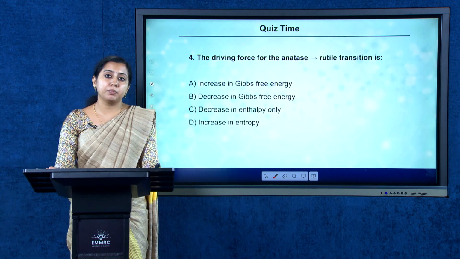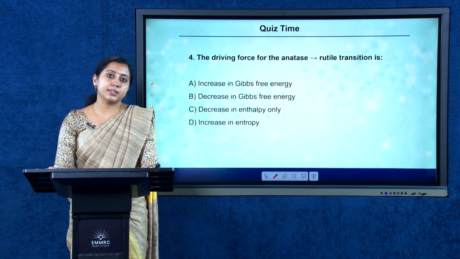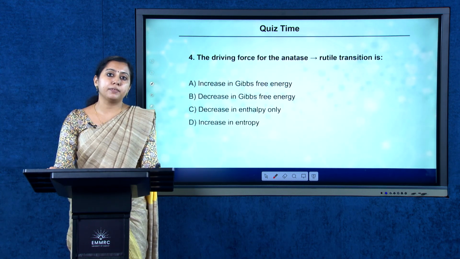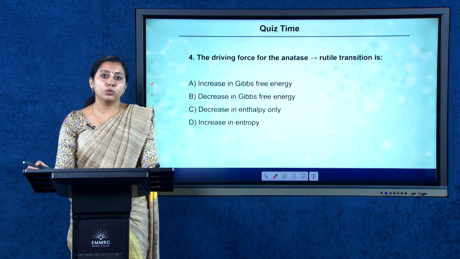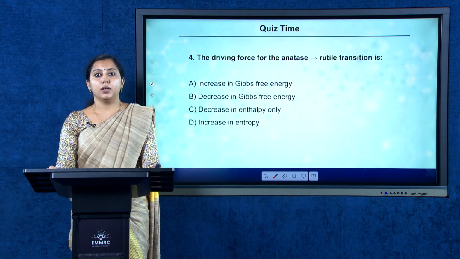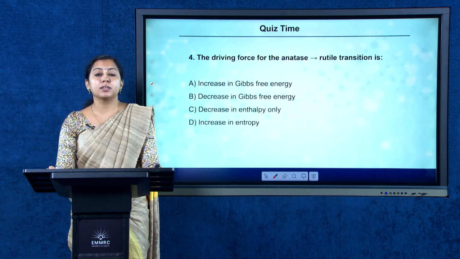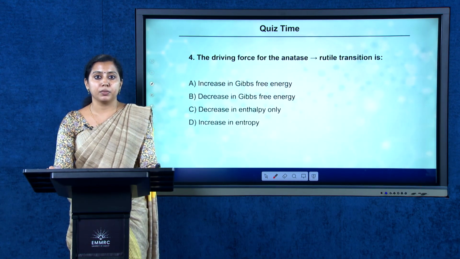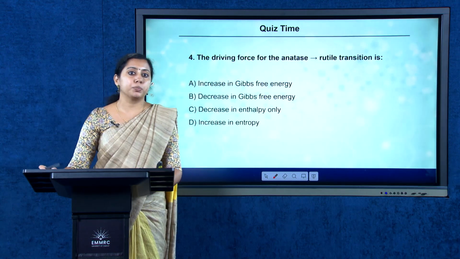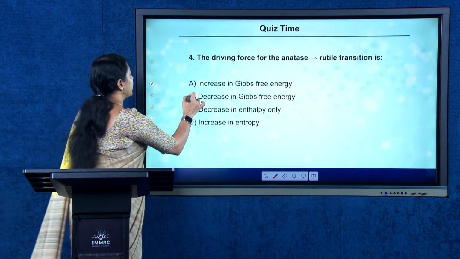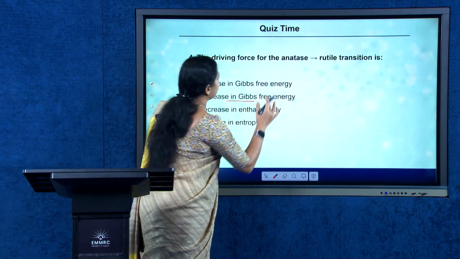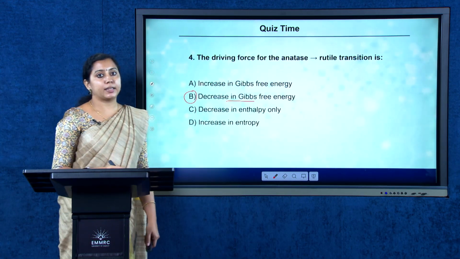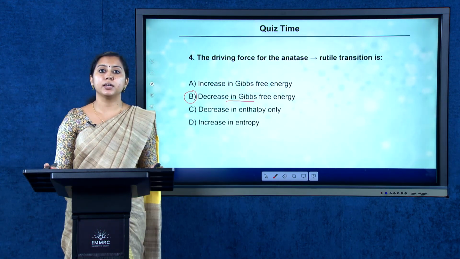Anatase is a metastable one and its Gibbs free energy is higher. So, it always has a tendency to convert into a more stable one having a lesser Gibbs free energy. Lower the Gibbs free energy means greater will be the stability. So, here the correct option is option B, decrease in Gibbs free energy. The driving force for the anatase to rutile transition is a decrease in Gibbs free energy.